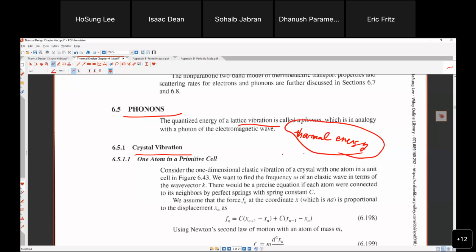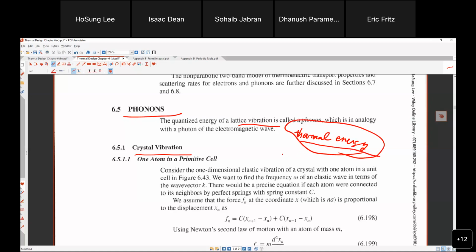Okay, energy is wide. There are so many energies: chemical energy, nuclear energy, kinetic energy, potential energy, all kinds of energy. Everything is energy. Mass is energy, but particularly thermal energy, we'd like to understand.